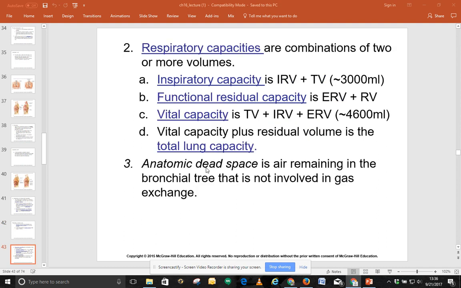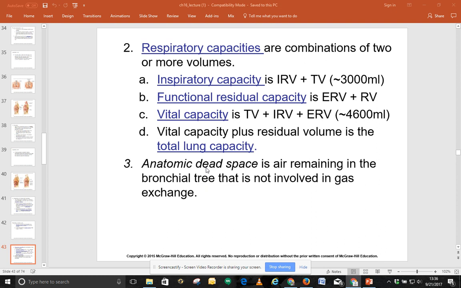Respiratory capacities are combinations of two or more volumes. So we have an inspiratory capacity. It is what it says, your inspiratory reserve volume plus your tidal volume is going to be how much capacity you have to inhale.